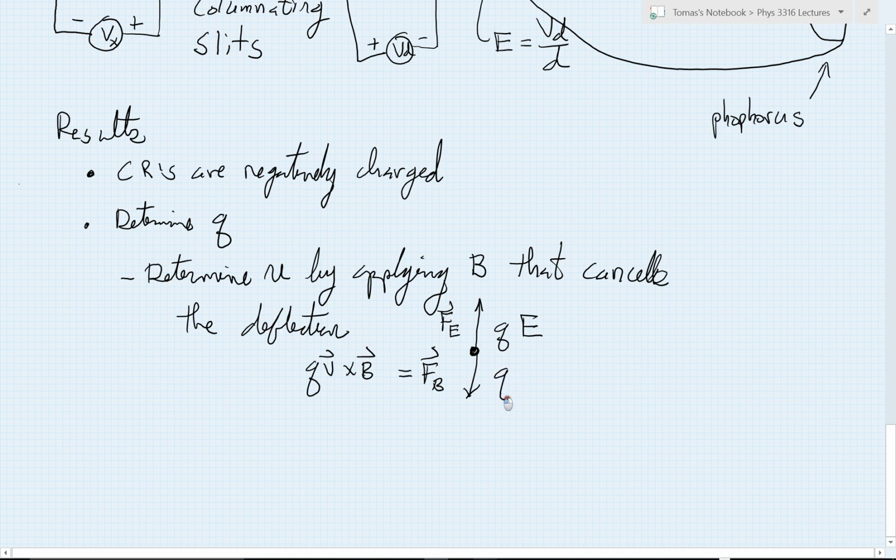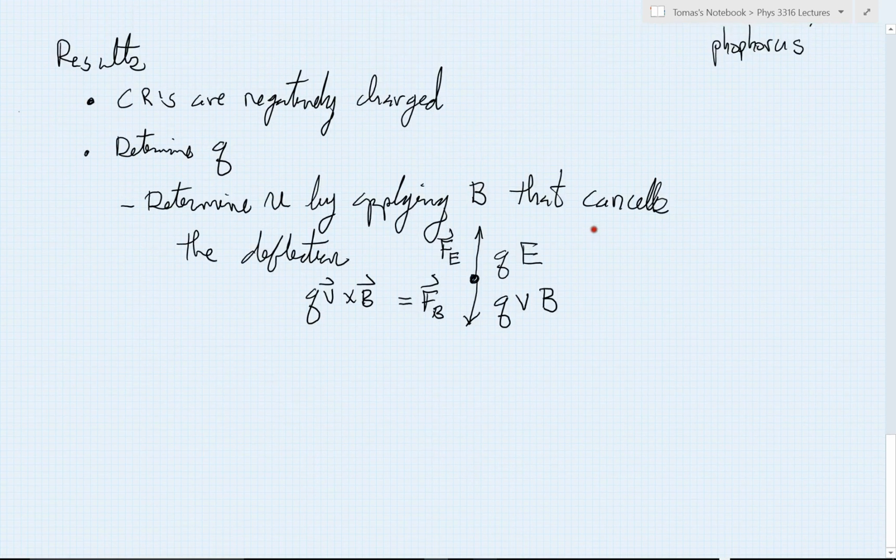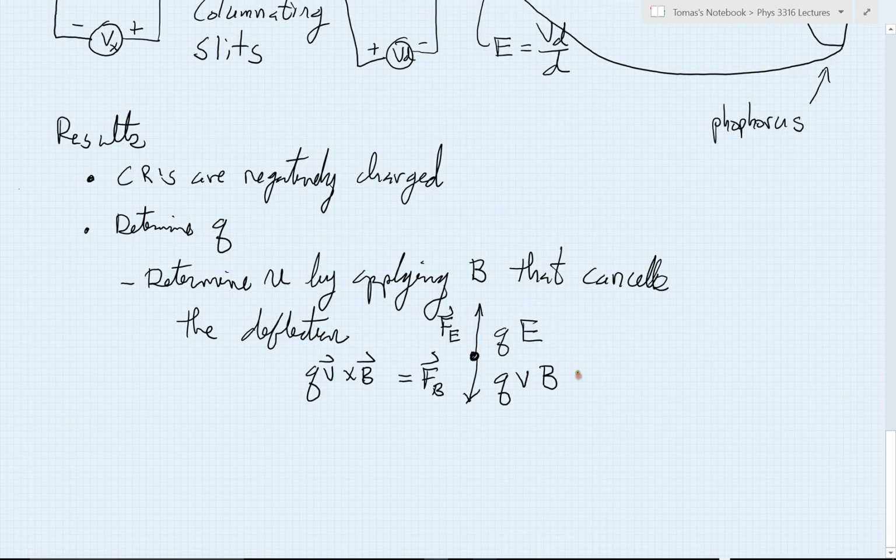In this case, getting that magnitude is fairly straightforward. It's the magnitude of Q times the magnitude of V times the magnitude of the magnetic field B. Also notice the velocity is at a perfect right angle with respect to the magnetic field. So yes, certainly there's going to be some sine theta, but theta is 90 degrees, and that sine theta then gives me 1.